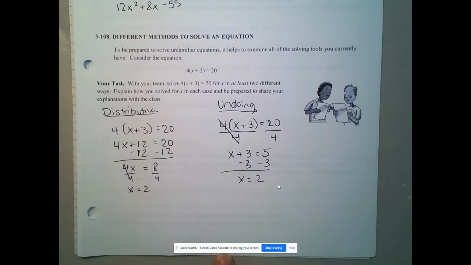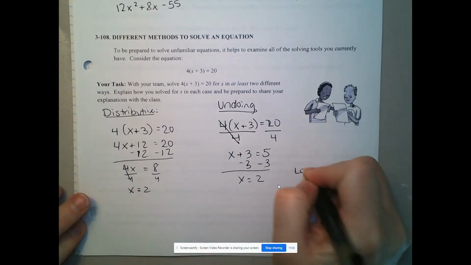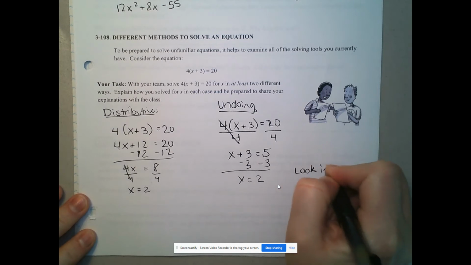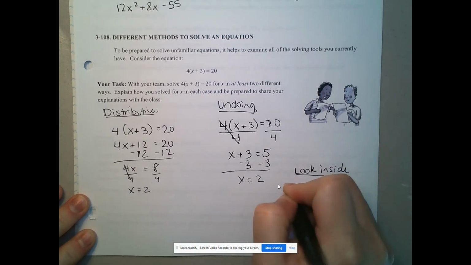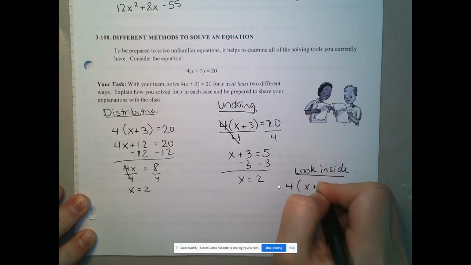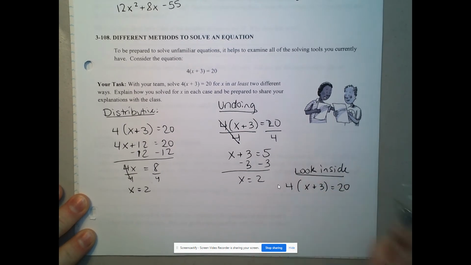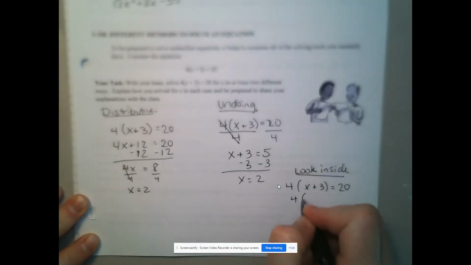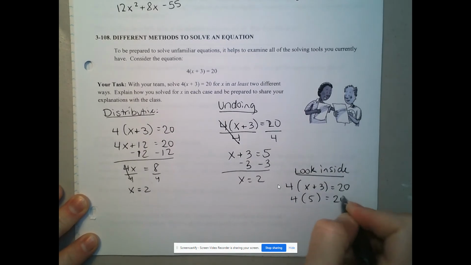A final option, which is a little tricky to wrap your brain around sometimes, is called the look inside method. If you look inside the parentheses and you say 4 times what number would give me 20, you say, oh, well, the number in the parentheses must be 5, right? 4 times 5 has to give us 20.